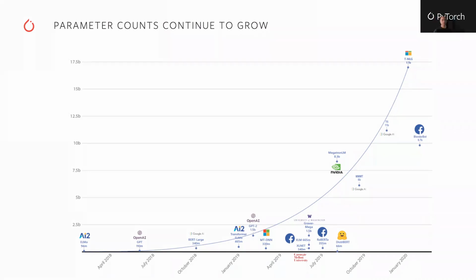These models just keep getting larger, and it's very difficult to deploy them. As I mentioned with BlenderBot, at close to 10 billion parameters, it required several V100 GPUs to even run any kind of inference for the model, which is pretty incredible.